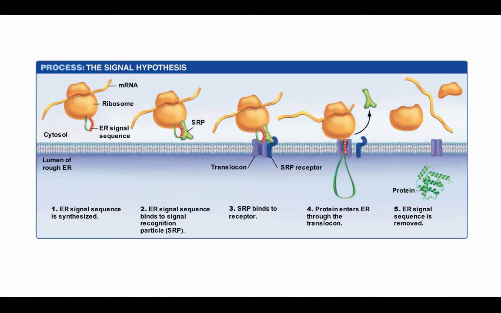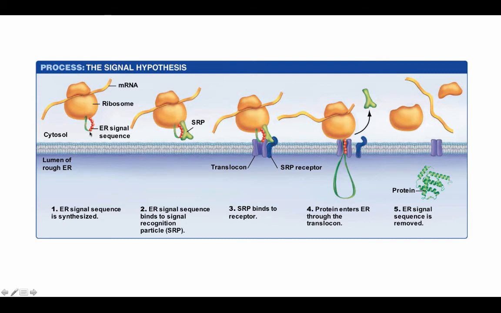So looking at this in diagrammatic form, we've got a free ribosome in the cytoplasm. We've got the mRNA attached. It's being read by the ribosome and starting to create this polypeptide chain, the green part. And then as part of the polypeptide chain, it produces this ER signal sequence. So this is part of this growing polypeptide that's coming out of the ribosome.